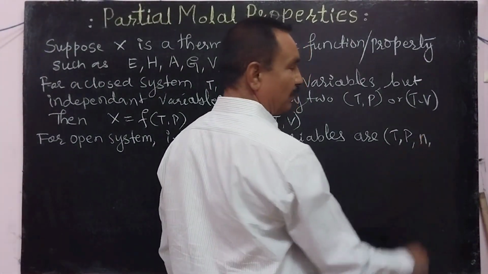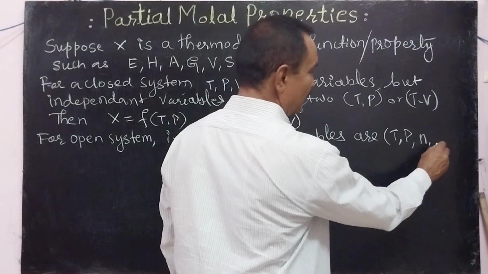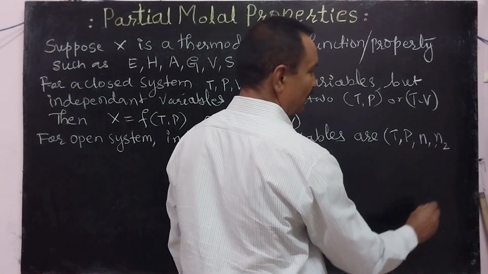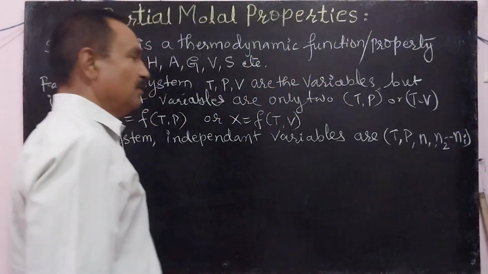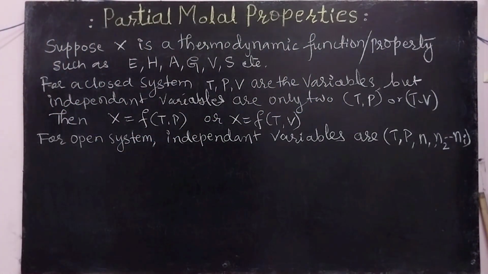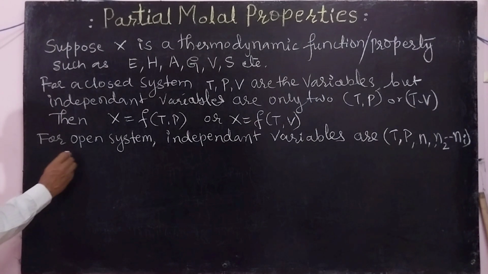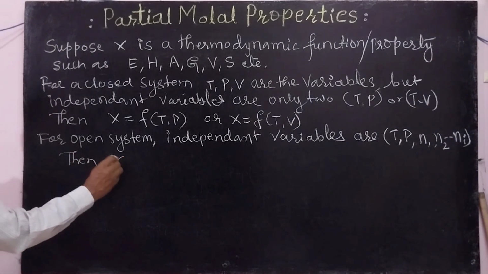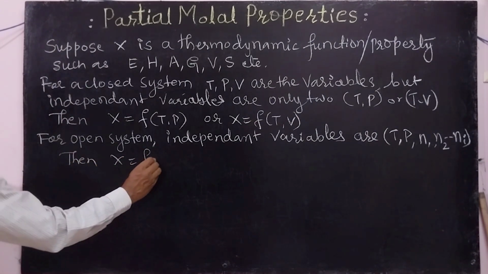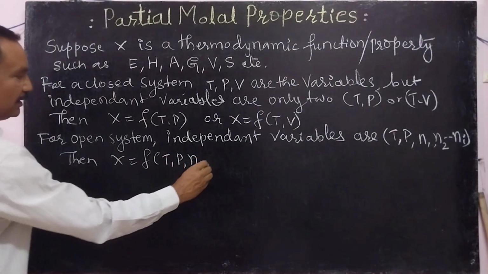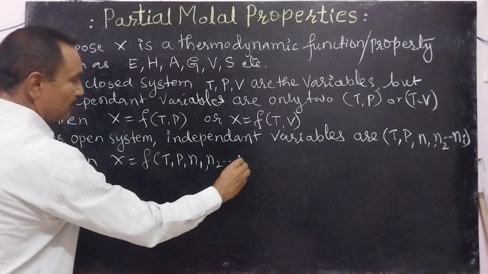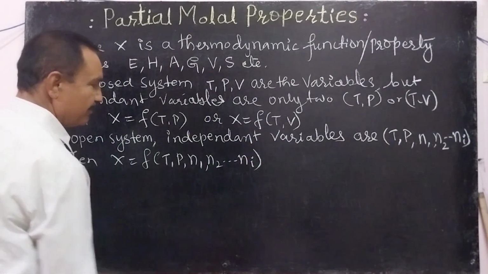Then number of moles of component 1, number of moles of component 2, and number of moles of component i. Then we can write X is the function of temperature, pressure, N1, N2, and so on, Ni.